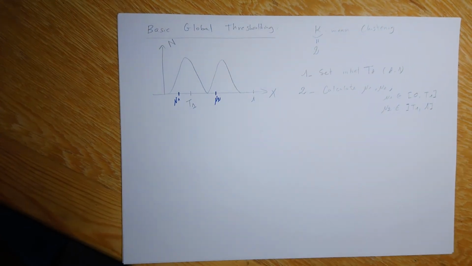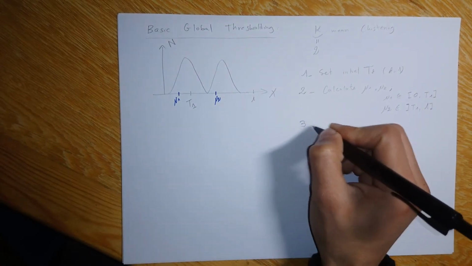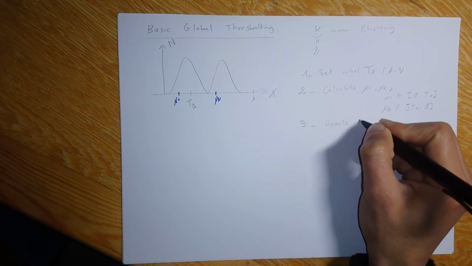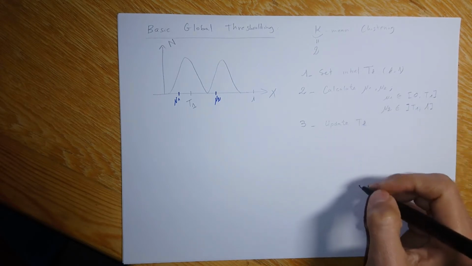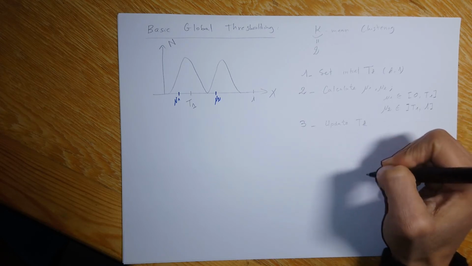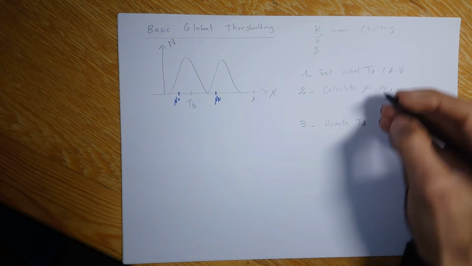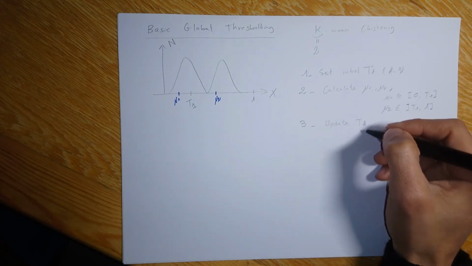The third step is to update the threshold, tk plus 1. If k is equal to 1 here, then this k is going to be equal to 2.